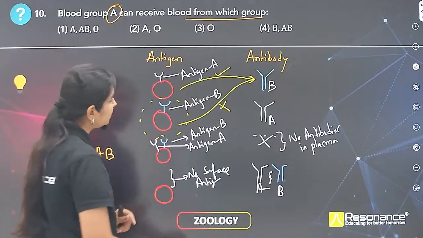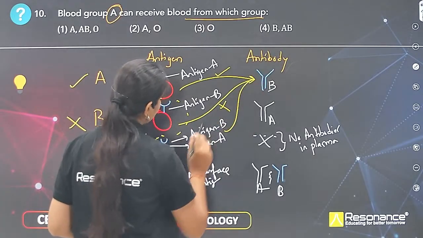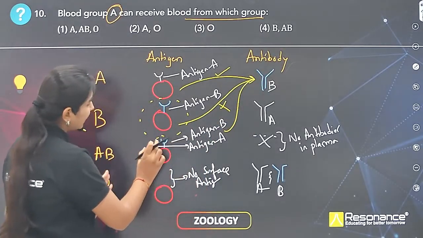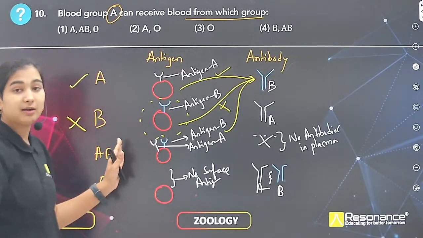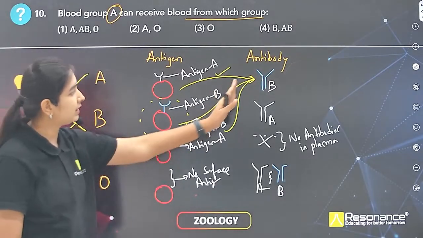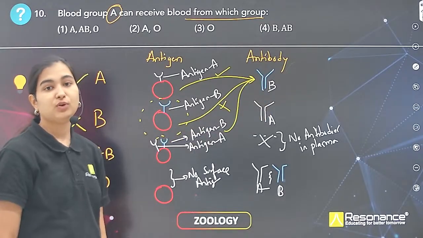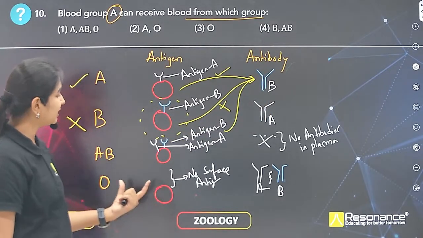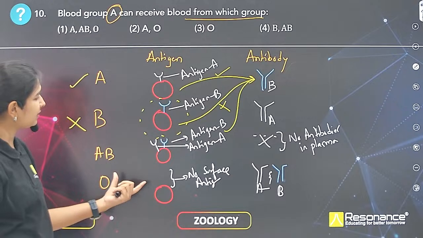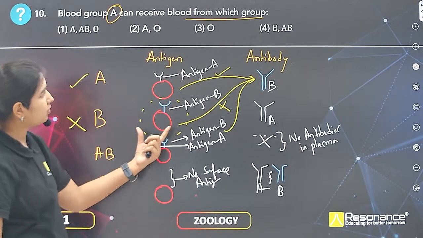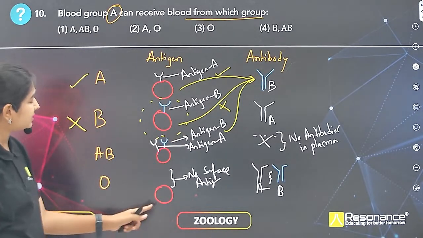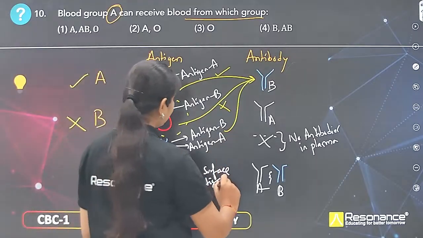Can AB do that? Let us see. When AB is going, so this cell with both antigen A and antigen B will be going there, right? So at that time there will also be clumping. Next, if it goes here, the partial clumping would be observed.